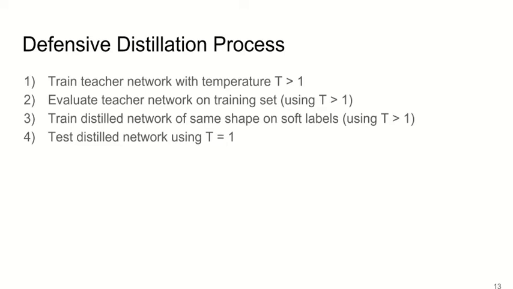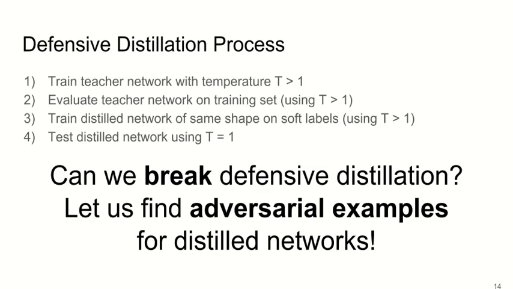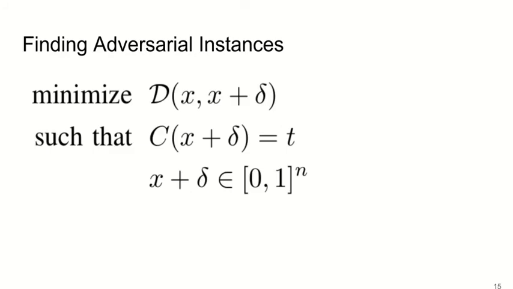So let's think about this. Can we break defensive distillation? We said before that the way to evaluate the robustness of networks is to find adversarial examples that break these defended networks. So let us now find an adversarial example for these distilled networks. For that, I would like to present to you the optimization problem of how to find adversarial instances.